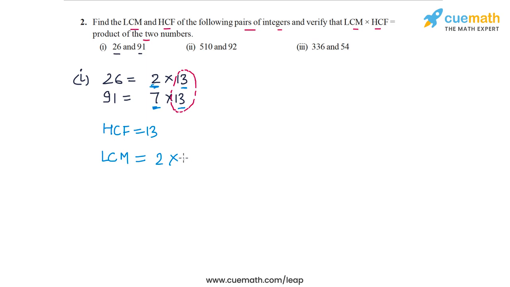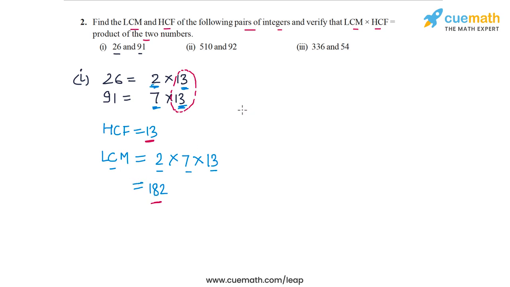So in the LCM, it will occur once as well. And then we see that 13 occurs once in the first number as well as once in the second number. So in the LCM, it will also occur once. So the LCM will be 2 into 7 into 13, which is 182. So the HCF is 13 and the LCM is 182.